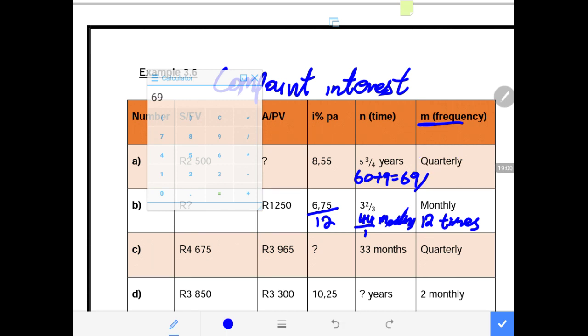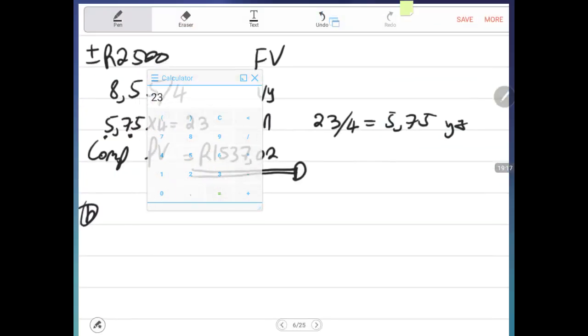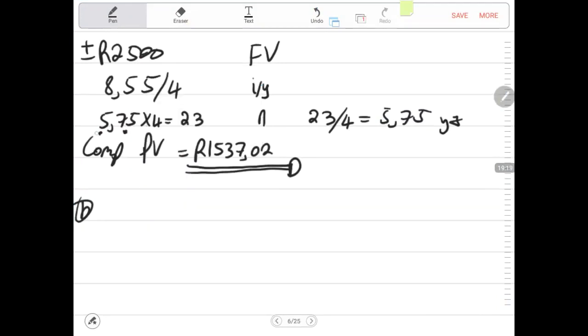There are 3 months in a quarter. Then I could have said 69 divided by 3. How much do we get? We get the same 23 that I calculated as 5.75 times by 4, that gave us 23.